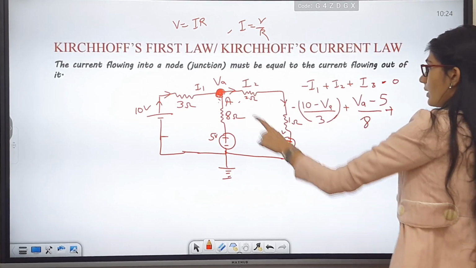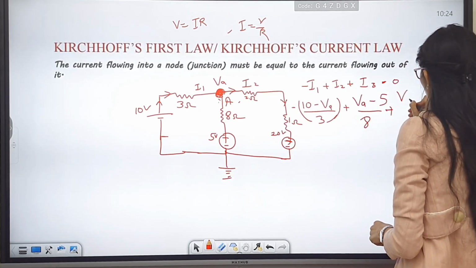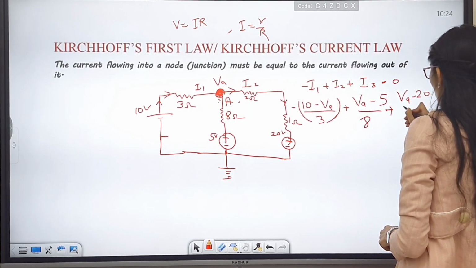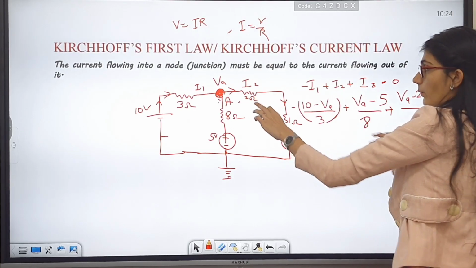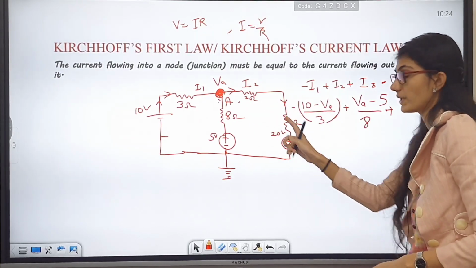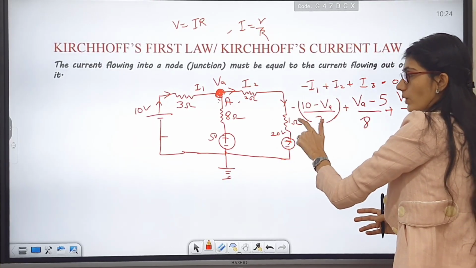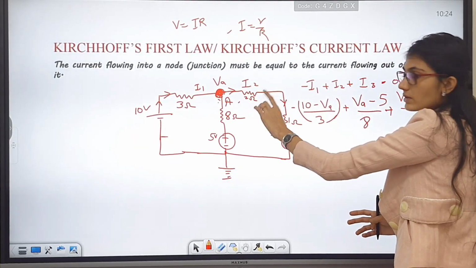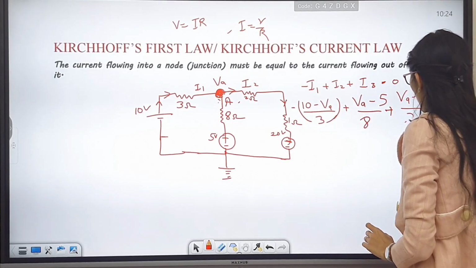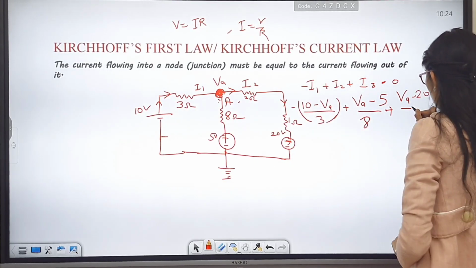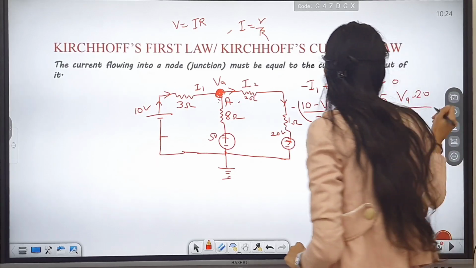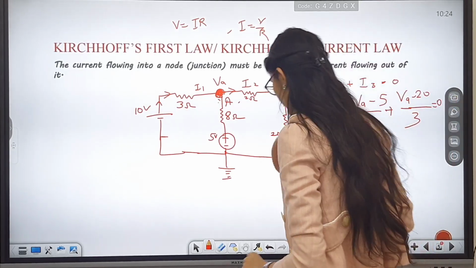and plus VA minus 20 upon, so here we have two resistances, but they are in series. So instead of taking 2 or just 1, we have to take the equivalent resistance, that is 2 plus 1, which is 3 ohm, equal to 0.